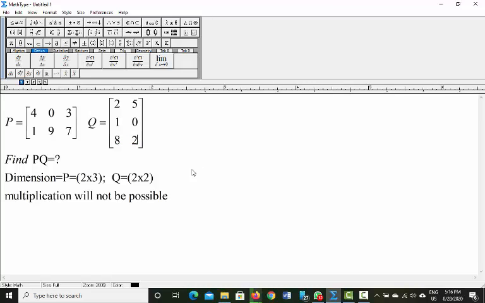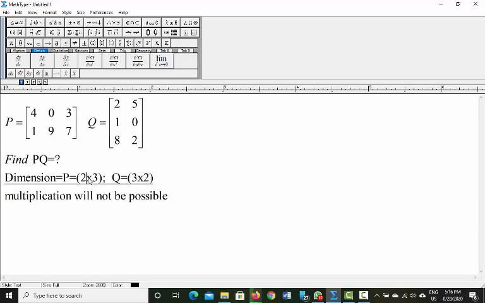So this is matrix Q. Now, the dimension of P we know. So now the dimension of Q: here we have 3 rows and 2 columns. So the dimension of Q is 3 rows and 2 columns.